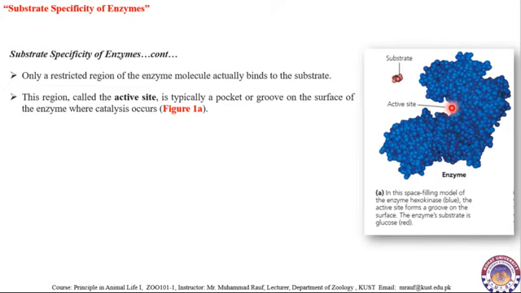This is the active site where the catalysis occurs, and this is the substrate which will interact with this active site, and then the reaction will go forward and products will be formed. This particular enzyme's substrate is glucose. This is one of the enzymes used in glycolysis. It is a hexokinase.